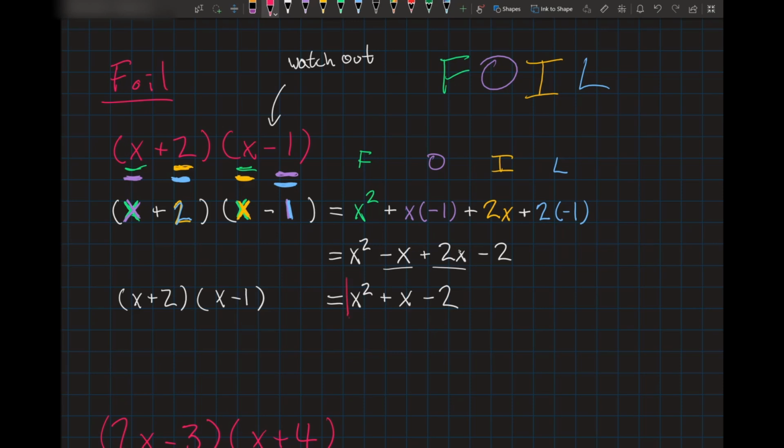And in this case, we have expanded our binomials using the FOIL method. So, expanded using FOIL.